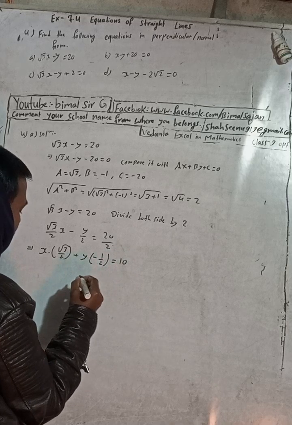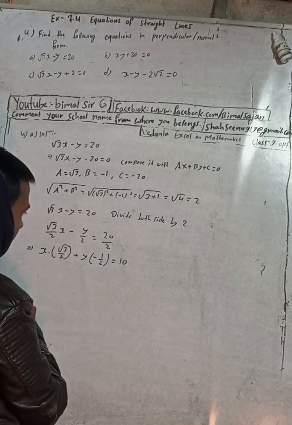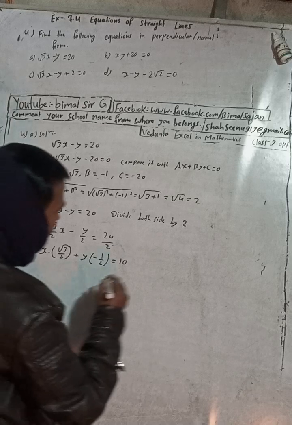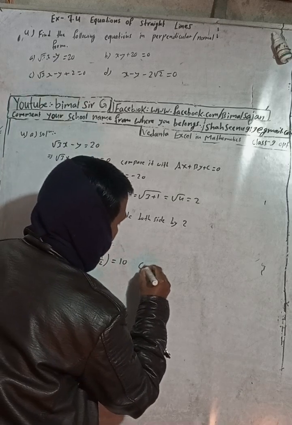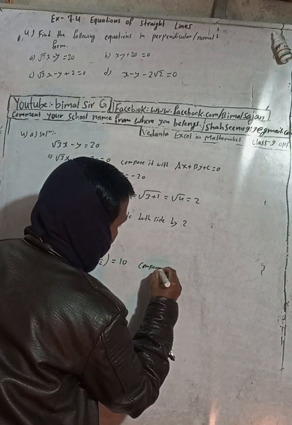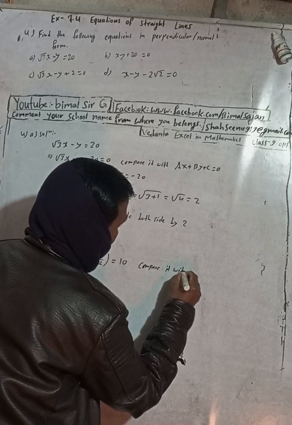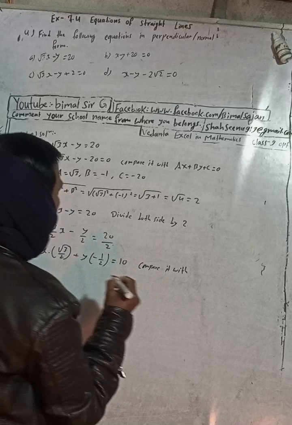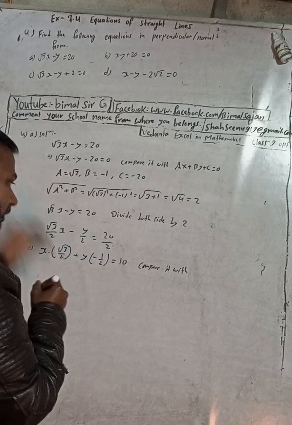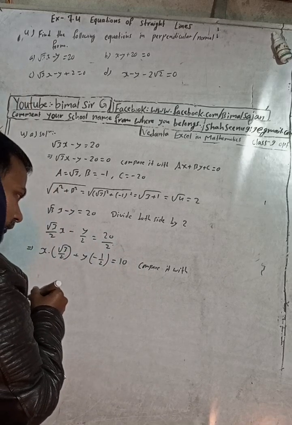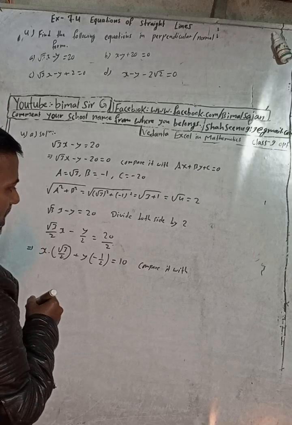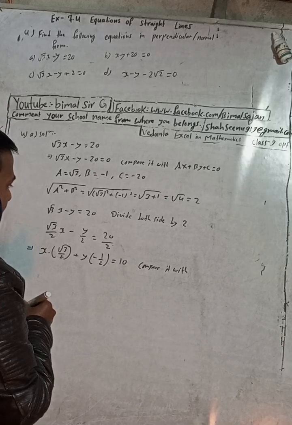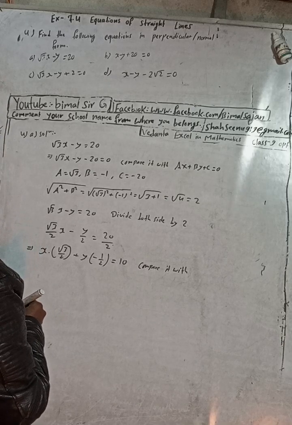So now you can see here, what we have to find here is the equation in perpendicular normal form. Okay, we have to convert it to normal form.